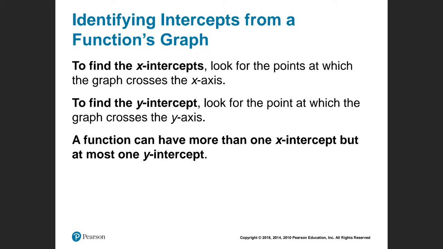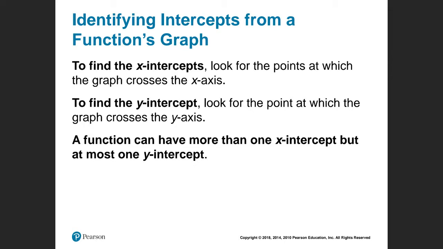Identifying x-intercepts from a function graph. To find the x-intercepts, look for the points at which the graph crosses the x-axis. X-intercept crosses the x-axis. To find the y-intercept, look for the point at which the graph crosses the y-axis.